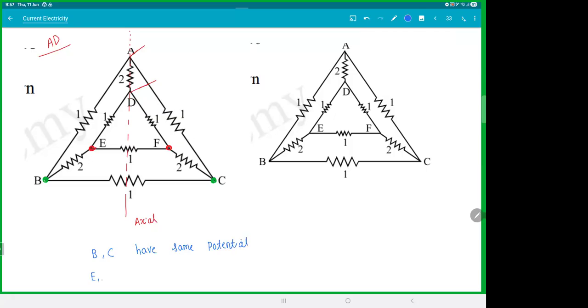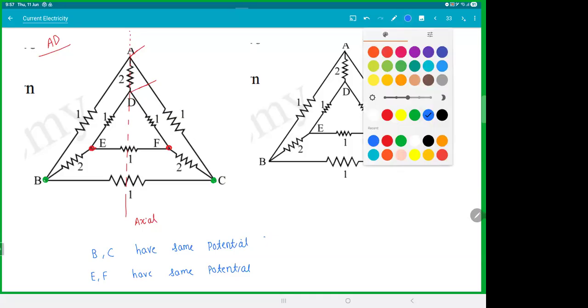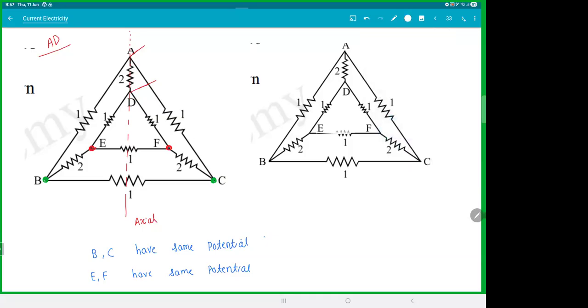Now, if two points have the same potential, any resistor between them can be removed. So if you remove the resistor between E and F, this thing will vanish. Similarly, this will vanish.